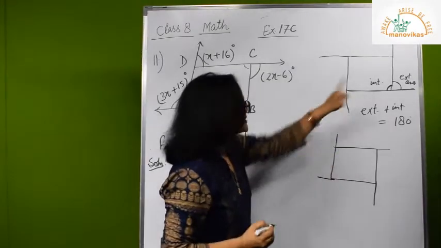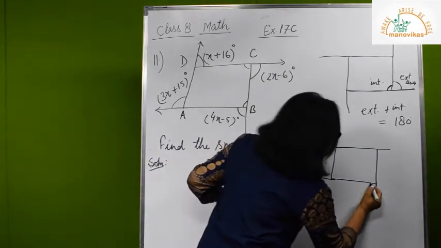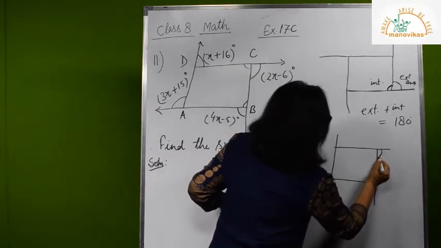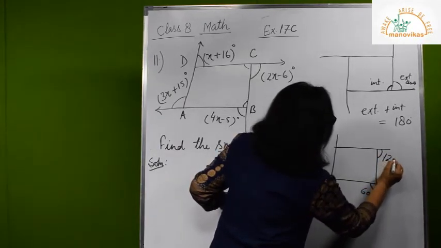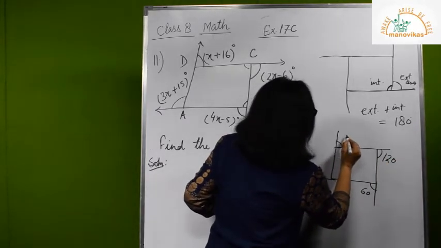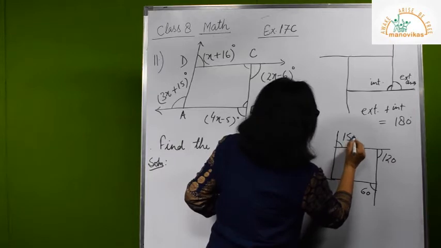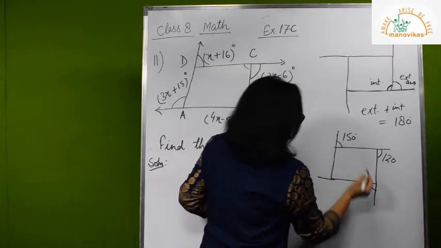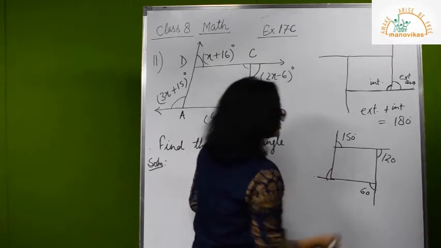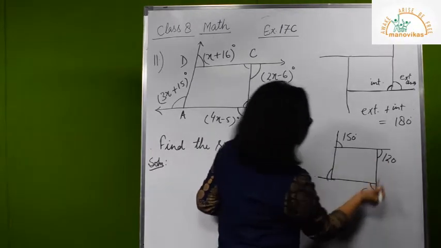Which is the smallest interior angle? Suppose here it is 60 degrees, here it is 120 degrees, this is say 150 degrees, and the remaining one here. So I just focus on these three.